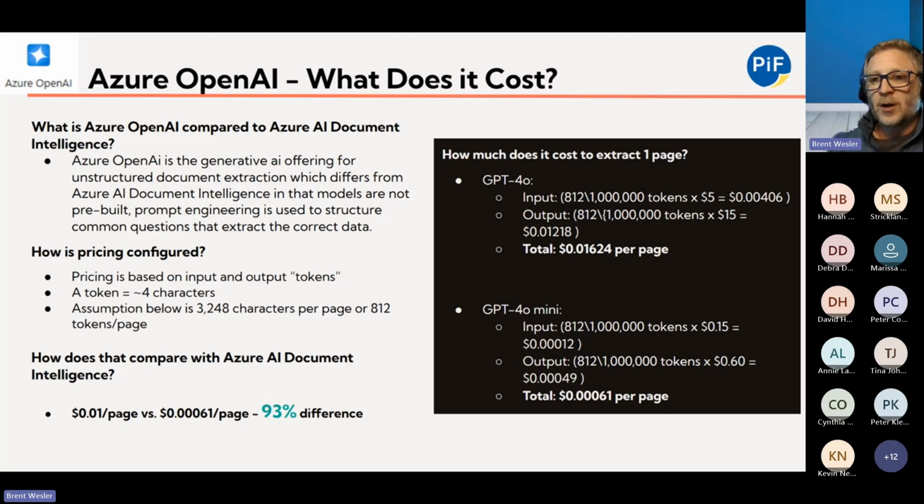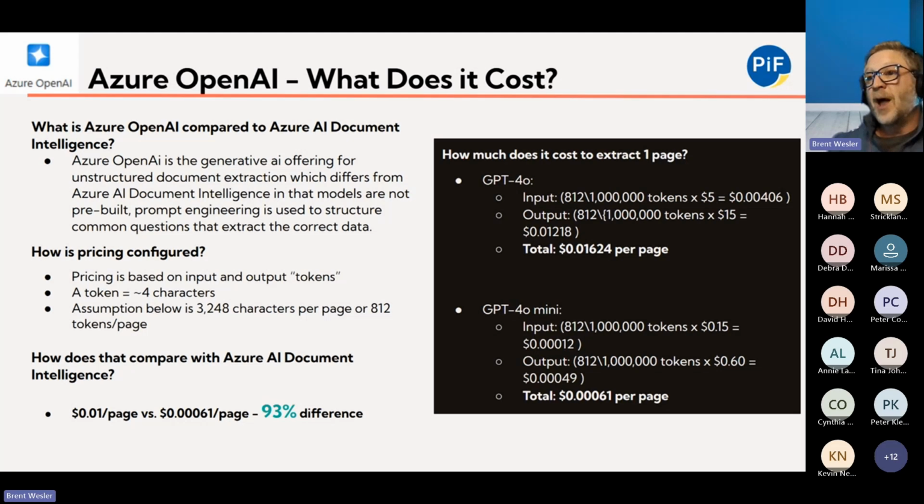There's inputs, which are, as you can see here, for the 4.0 model is 0.00406 cents per input token, and then for output is 0.01218. So if we just took a typical page, 812 tokens, which means that there's 4 characters per token. That means that there's around 3,200 characters per page. That would cost you for the 4.0 model 0.01624.